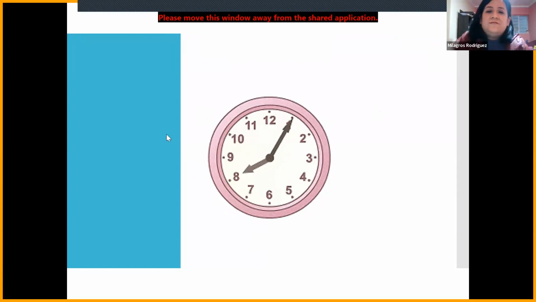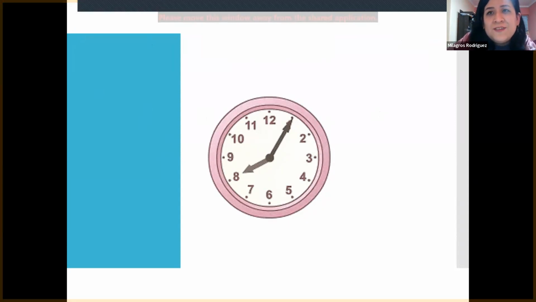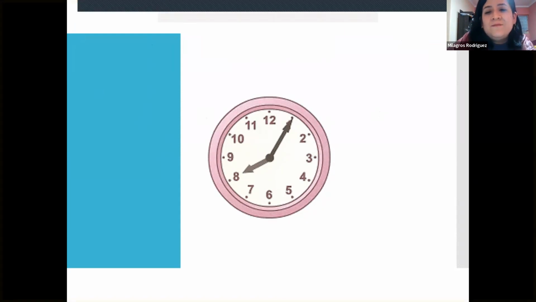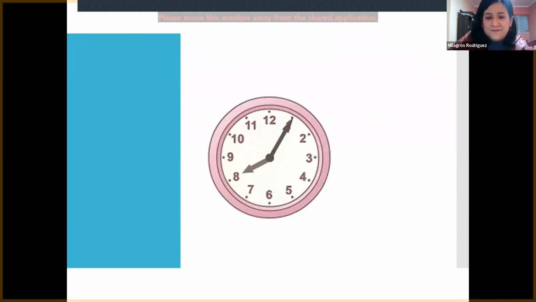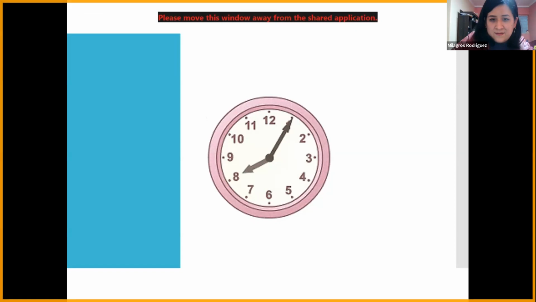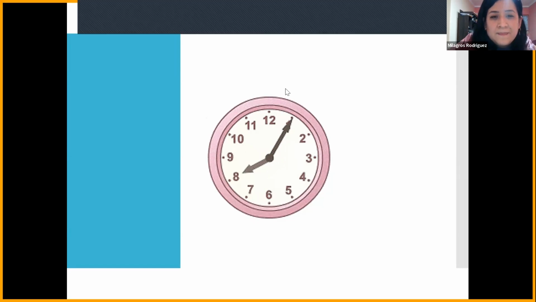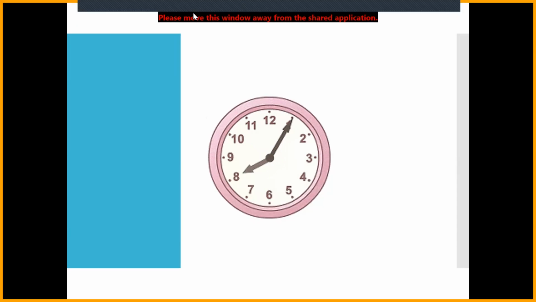In this clock, it's 8:05, right? That's the first form when you use the cardinal numbers. But if I want to use the second form to tell the time, what would you say? What time is it in the clock? It's 5 minutes after 8.